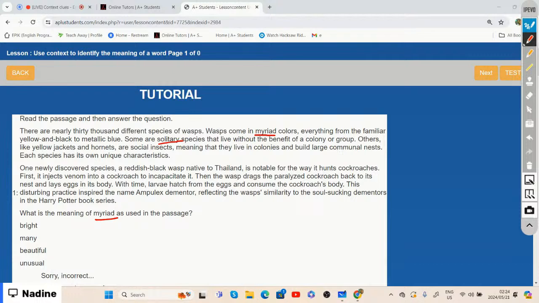And then in the second paragraph, they're talking about those soul-sucking dementors, right? Which is reddish black. So it means that it comes in many colors. So if we look at the words we are given, they say, what does it mean? Does it mean bright, many, beautiful, or unusual?